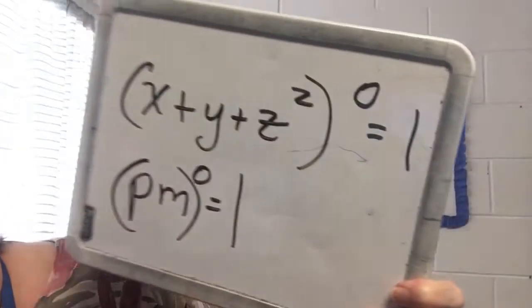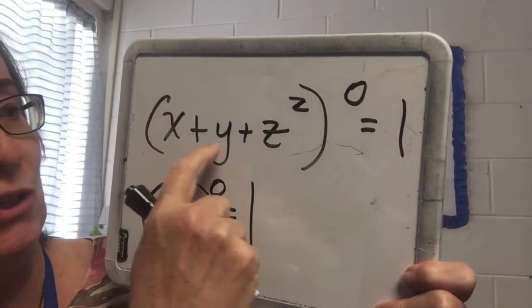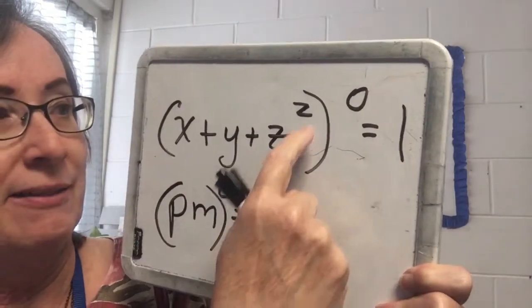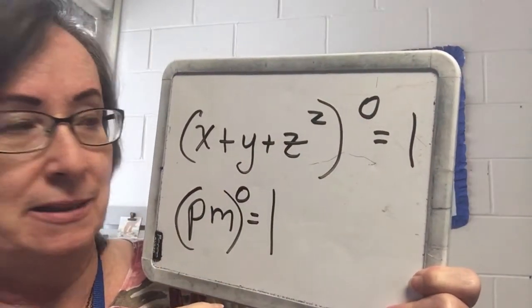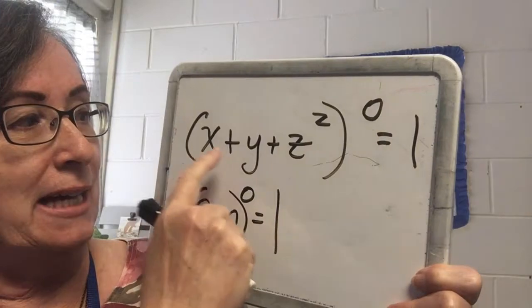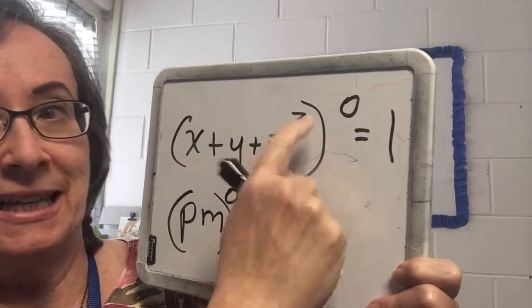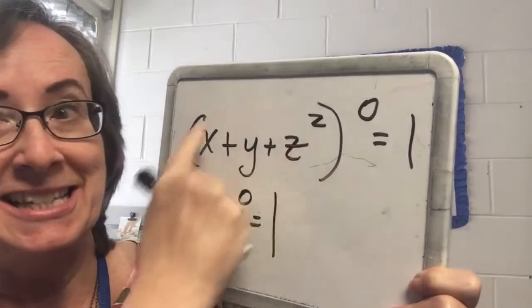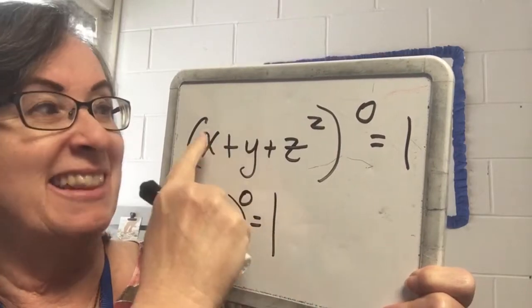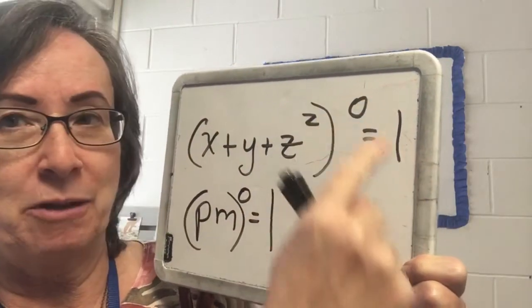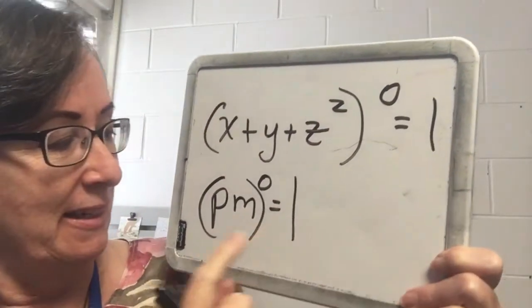Okay, so now look at this one. Look at this huge quantity that I raised to 0. Okay, so I have x plus y plus z squared. As long as this is not 0, then whatever it is to the 0 power is 1.